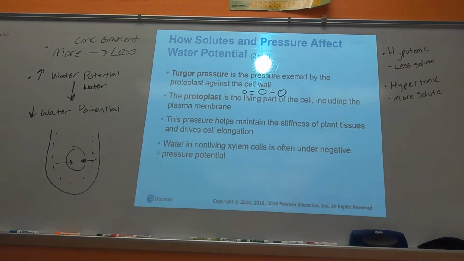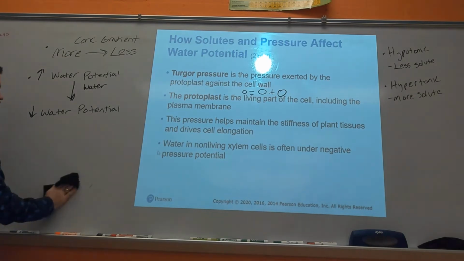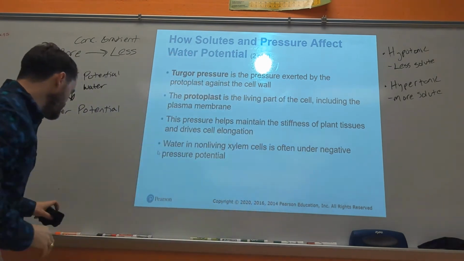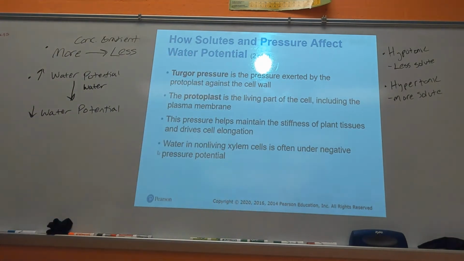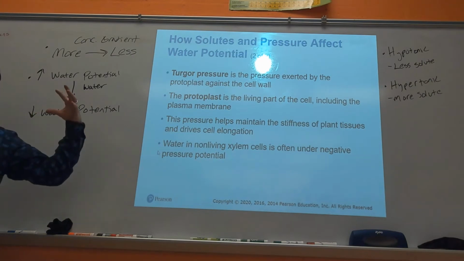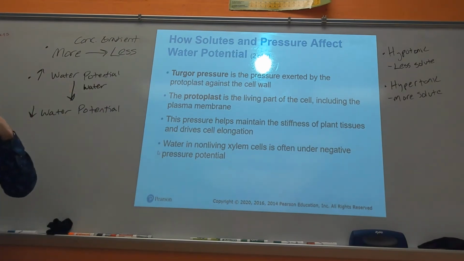Getting into some of the vocabulary you see around this, and then I'll show you some practice problems with water potential. There is turgor pressure, which I mentioned before when I said if you put a plant cell in a hypotonic solution, the water wants to move into that plant cell. The central vacuole is going to absorb a bunch of water, and we say that plant is turgid, meaning full of water.